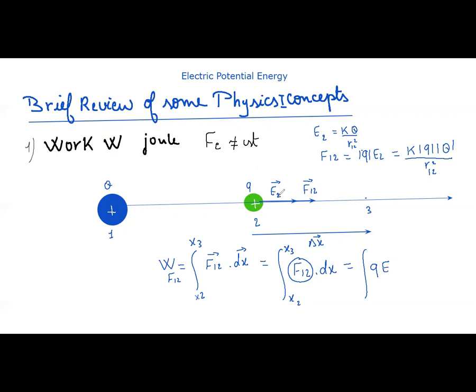E will change along the path. So we have qE times dx here between x2 and x3. This is in general.